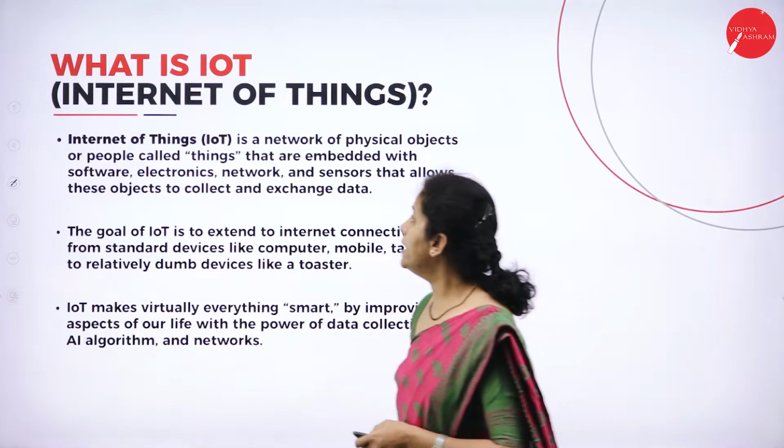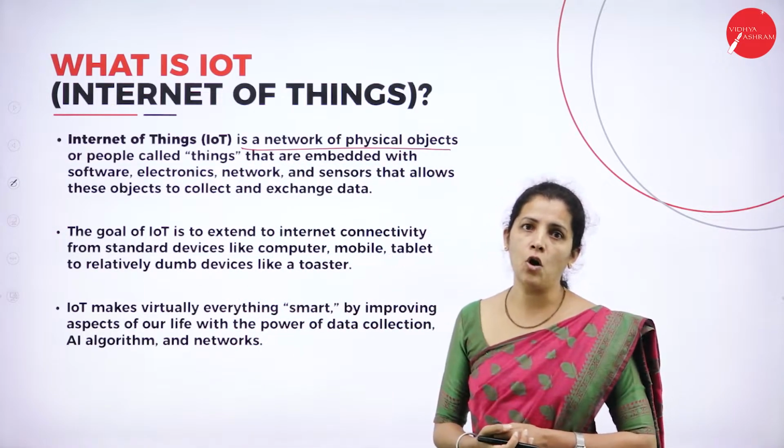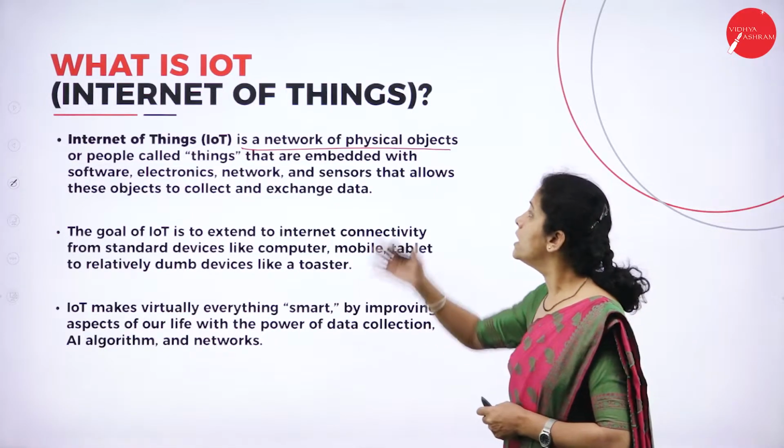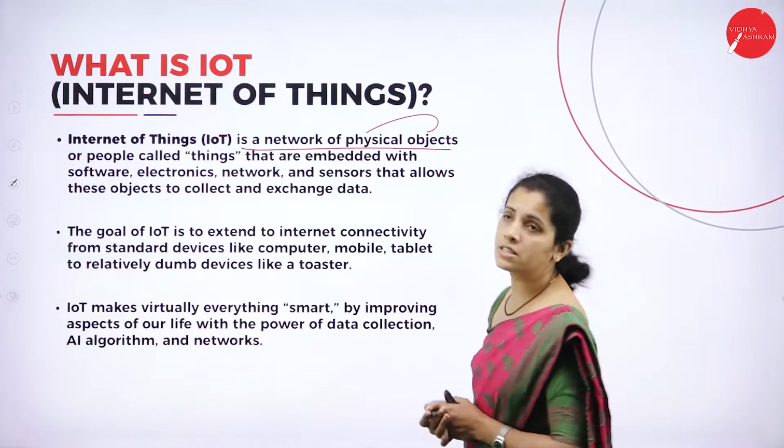So here, Internet of Things is a network of physical objects. So what is IoT here? That is nothing but the network of physical objects. So what are these physical objects?